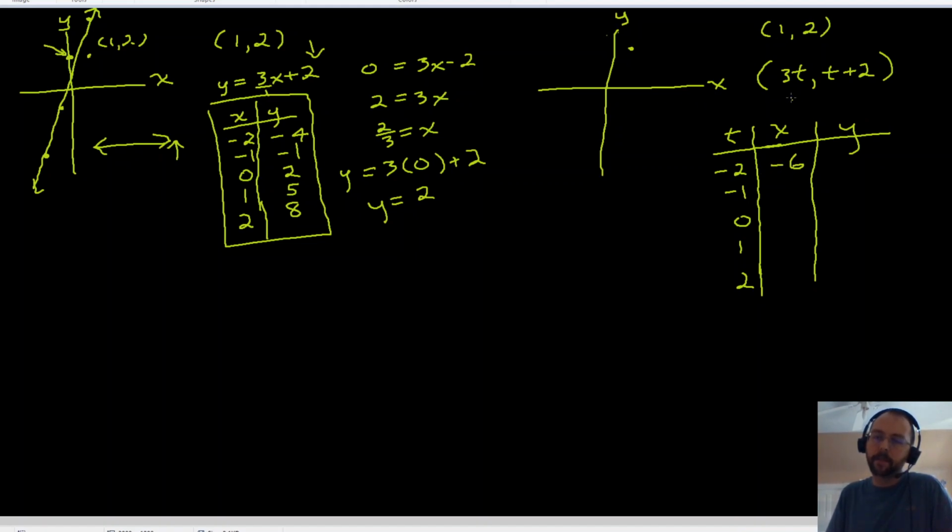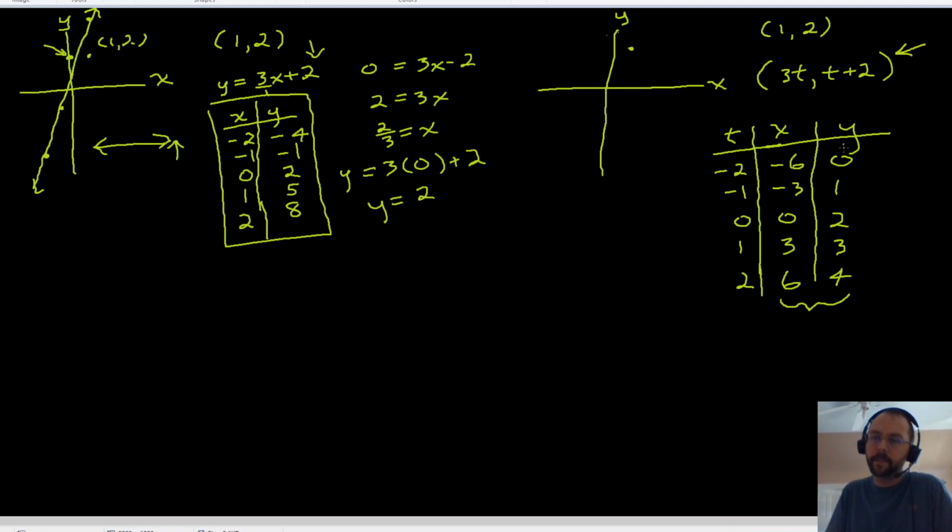I'll just run down through the x's: -3, 0, 3, 6. And when we plug in for y of t, we're going to get 0, 1, 2, 3, 4.